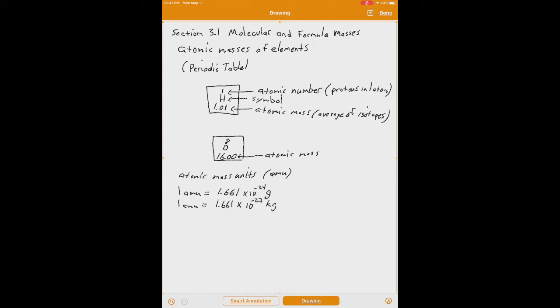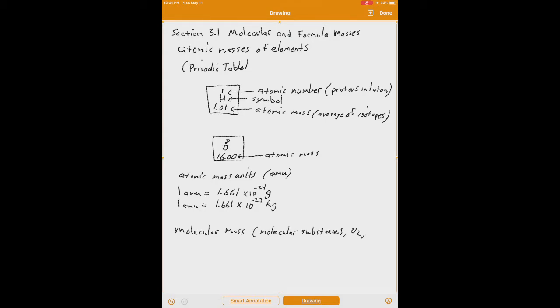Now what we want to do is calculate something called the molecular mass. The molecular mass is done for molecules, for molecular substances. For example, O2, 2 oxygen atoms, that's molecular oxygen.